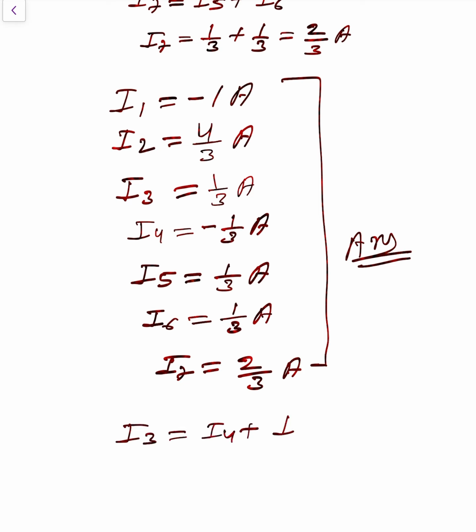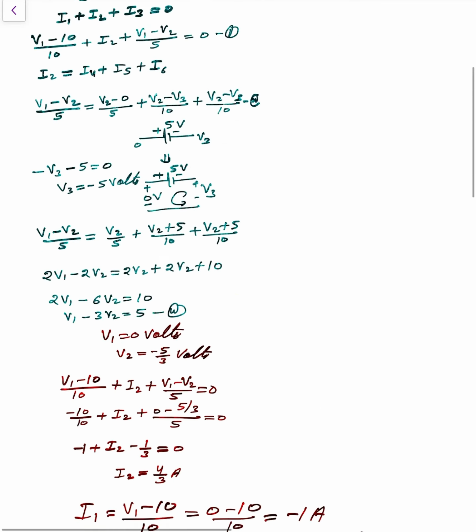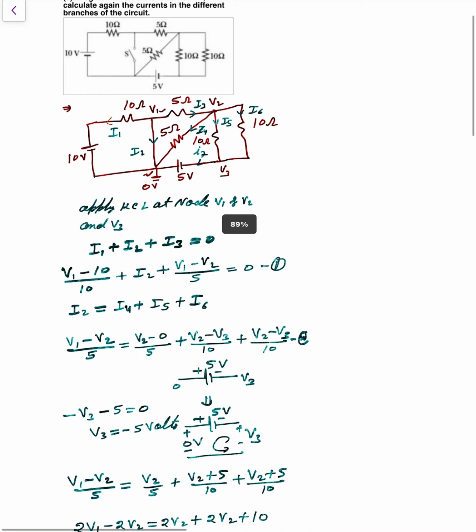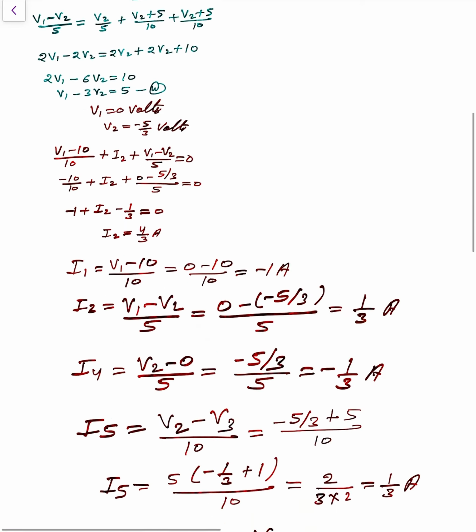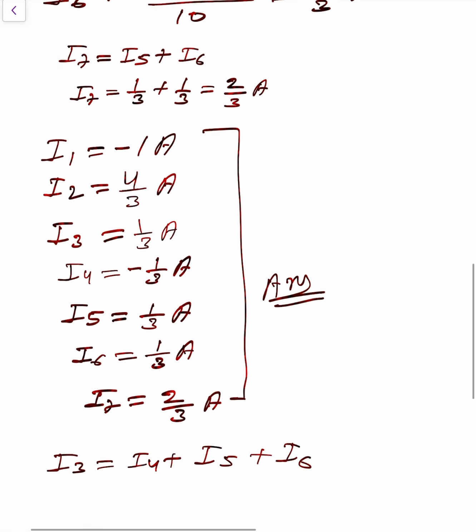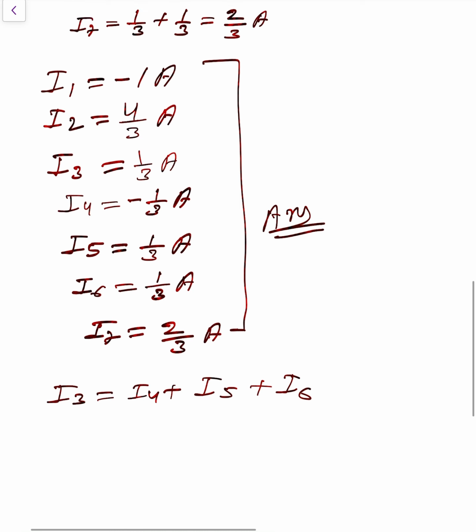I3 is basically 1 by 3. Now, what about I4? Minus 1 by 3. I5 is 1 by 3, I6 is 1 by 3. It means we are going in the right direction. Clear or not?